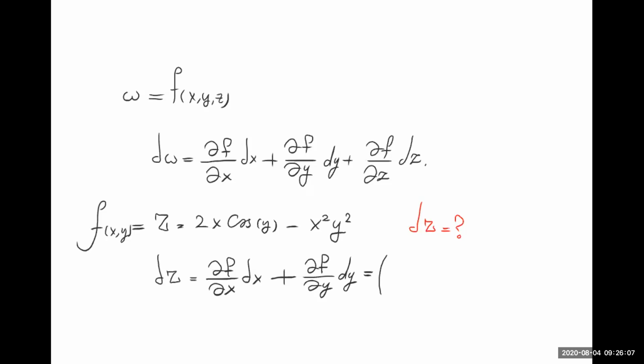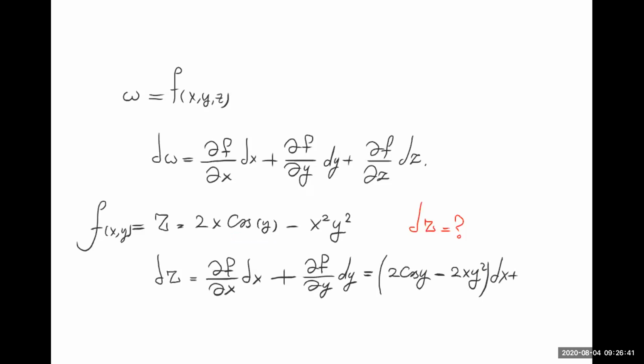If I compute its partial derivative with respect to x, what am I going to get? So partial derivative of this function with respect to x is going to be 2 cosine of y. Cosine of y is the constant coefficient of x. Here I also have 2 minus 2xy squared dx plus.